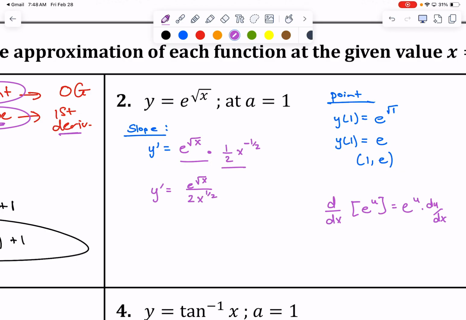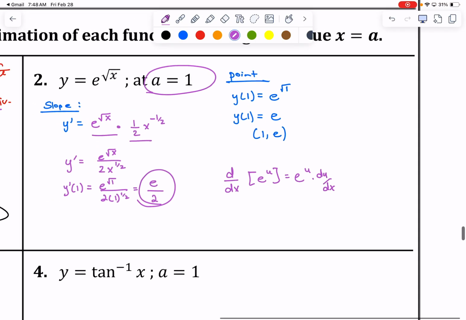Not that you really have to simplify it, but you probably do a little bit so that you can plug in your 1. Okay, so my derivative, y prime of 1, is going to be e to the root 1 over 2 times 1 to the 1/2. Well, nice thing about 1s is they stay what? 1s. So we're going to have e over 2. So there's your slope of your tangent line.